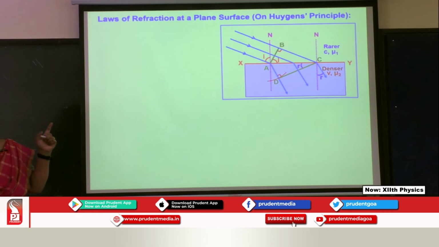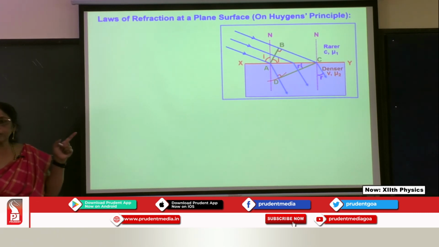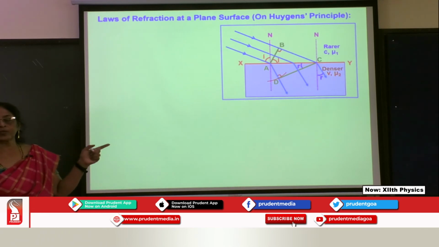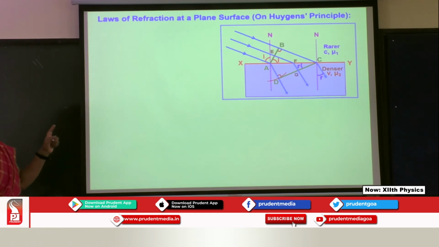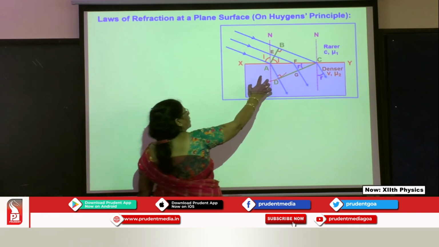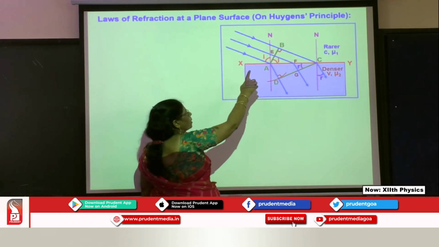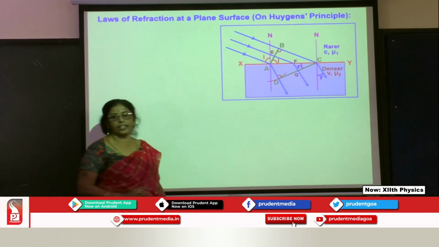So let mu1 be the refractive index of the first medium, and mu2 the refractive index of the second medium. Now when point A reaches the surface, the last point of the plane wavefront is at B. For B to reach C, A travels a distance AD.